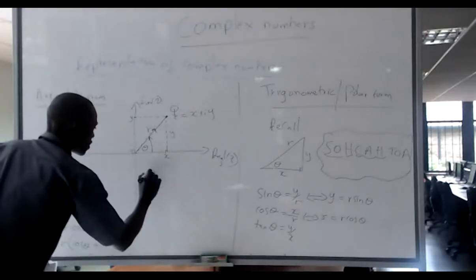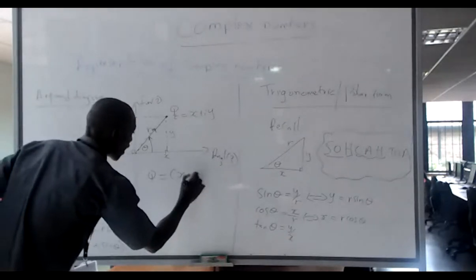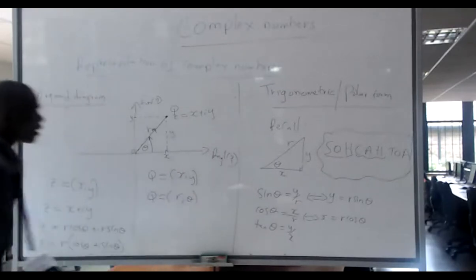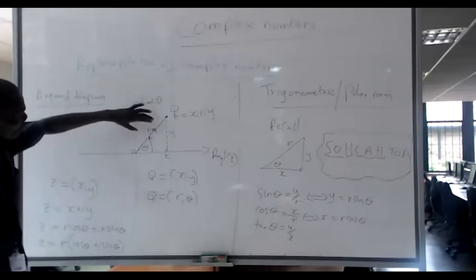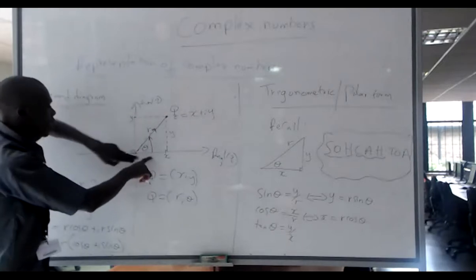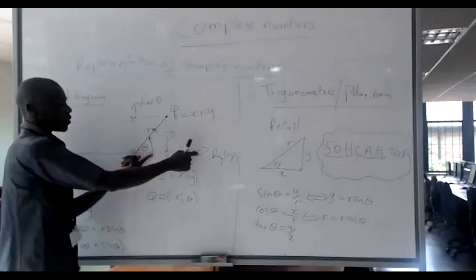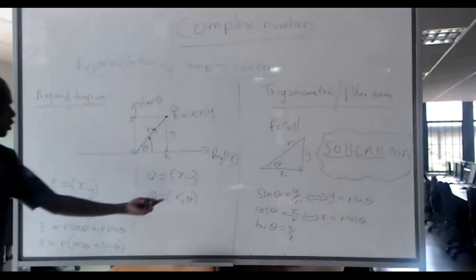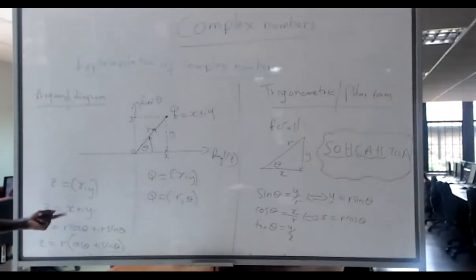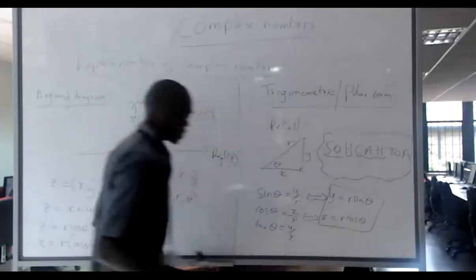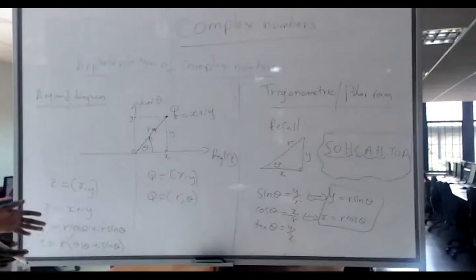So instead of representing the point Q as x, y, in this case, I will represent Q as r, theta, where r is the length of the hypotenuse of this triangle, and theta is this angle you move from the horizontal x-axis upwards. So we need to know how to compute r and theta given x and y, and also how to compute x and y given r and theta. These two formulas will help you to move from rectangular system to trigonometric system back and forth.